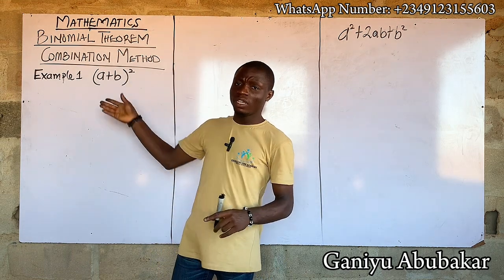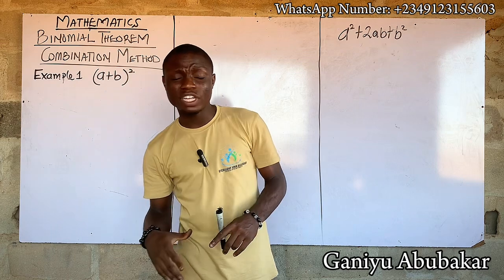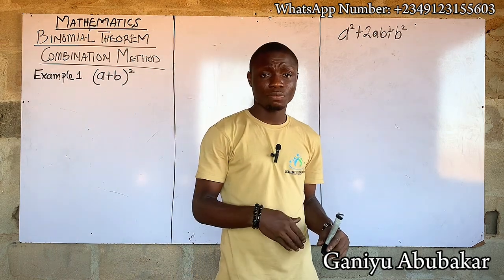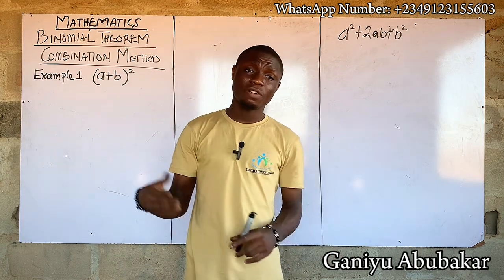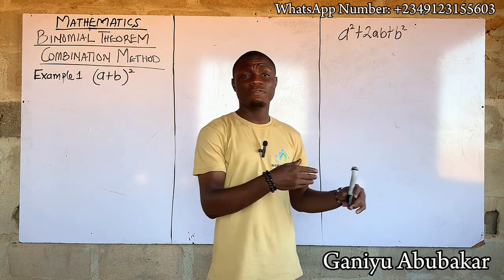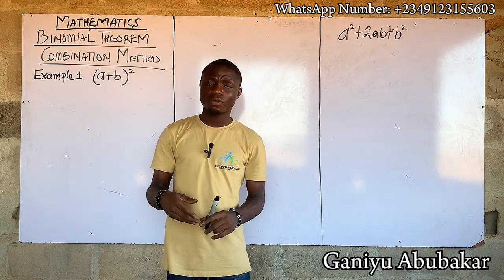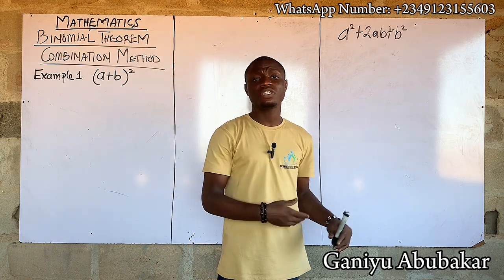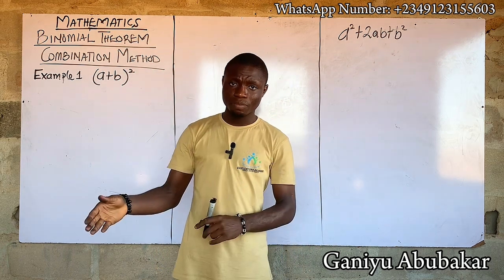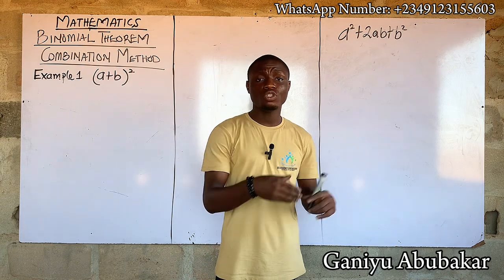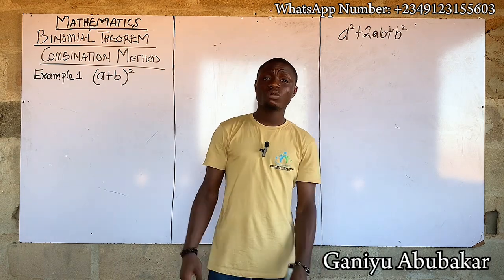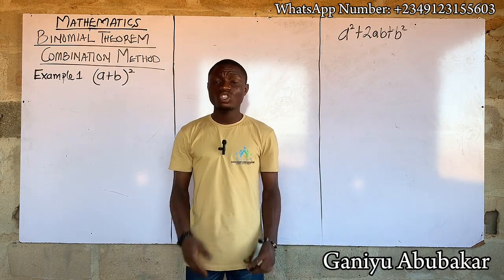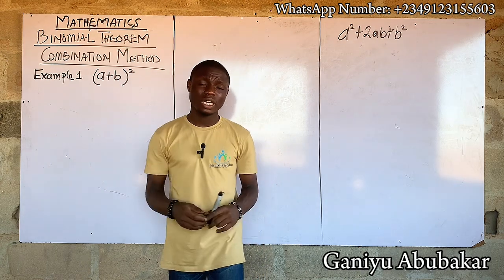Before I proceed, let me just recall a basic concept of combination. What's combination by definition? A combination can be defined as the selection of n different objects taking r at a time. By the way, I'm going to be doing some videos on permutation and combination in our next class.